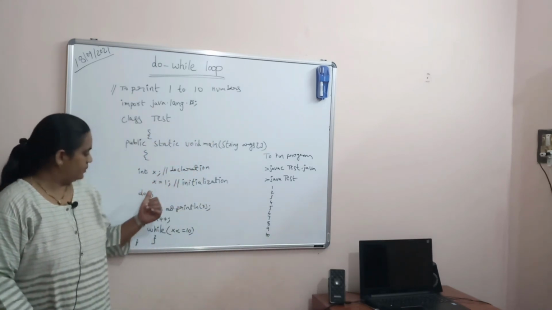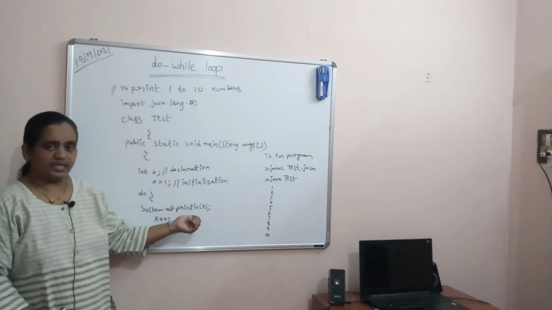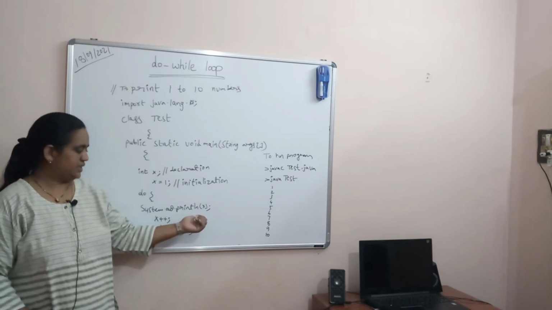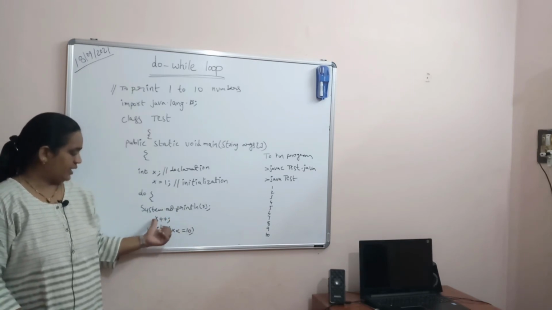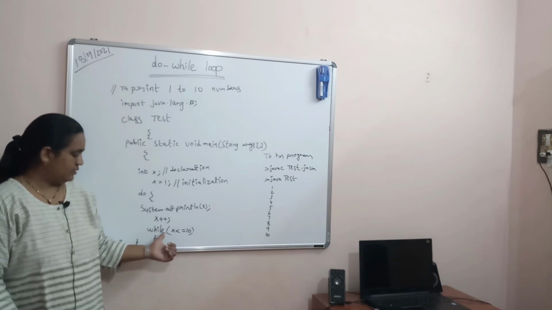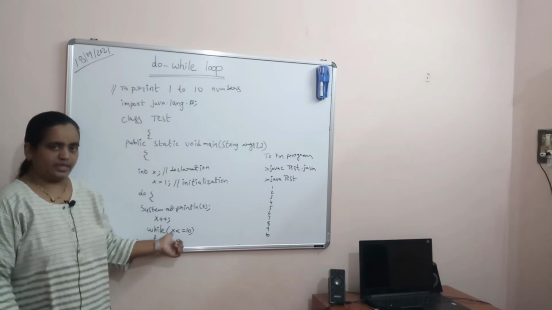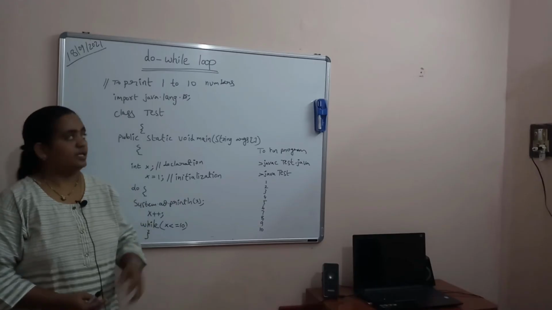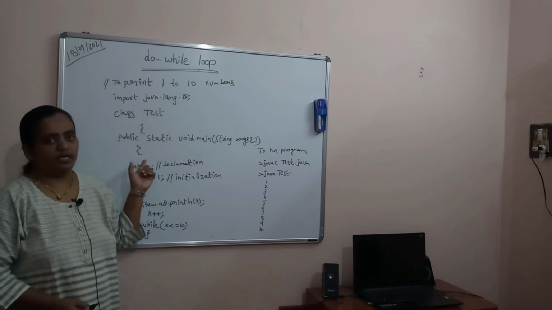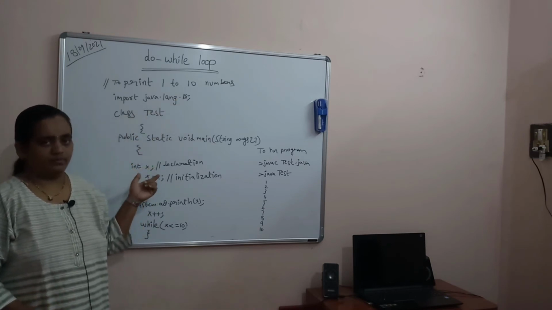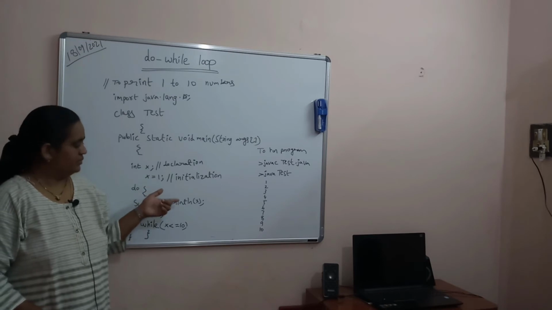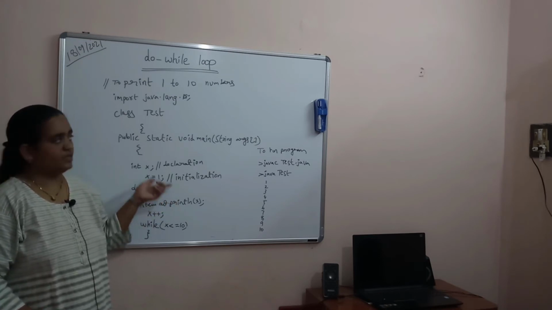In the do while loop, it first prints the initial value, the first statement, after that increments the x value, prints, goes back to the loop and checks the condition. The same program we can write with the help of the while loop. Using the while loop we can print 1 to 10 numbers.